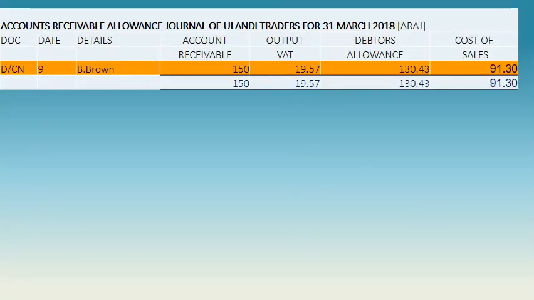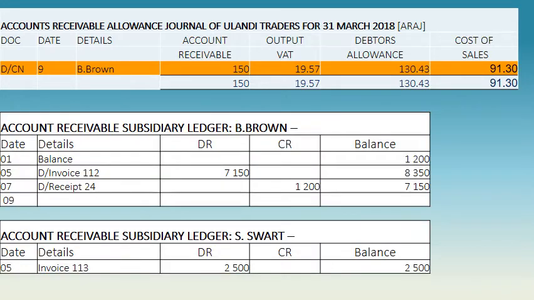In the accounts receivable allowances journal, we issued a credit note on the 9th to B. Brown. Under accounts receivable, the total amount was 150. We will go to the account of B. Brown.